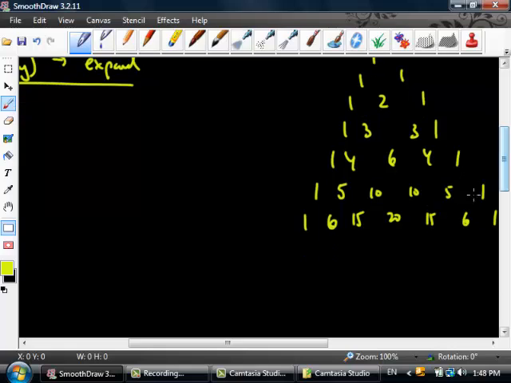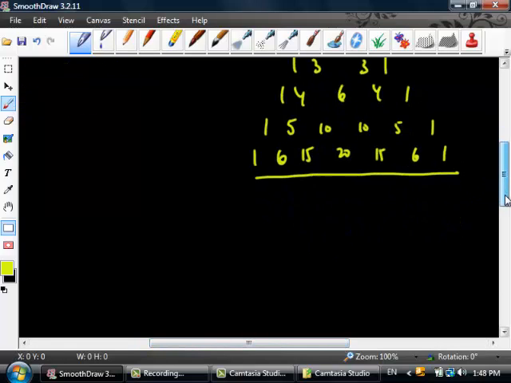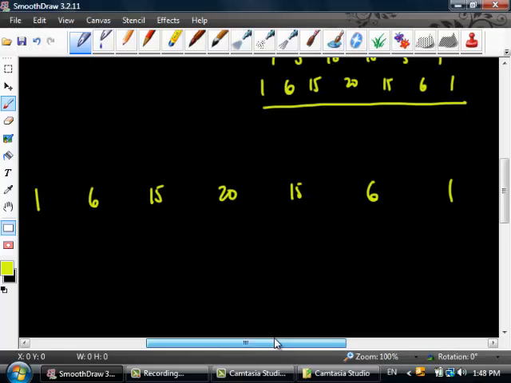So it's this bottom one that I want to use. What I'm going to do is assembly line stuff. It is 1, 6, 15, 20, 15, 6 and 1.